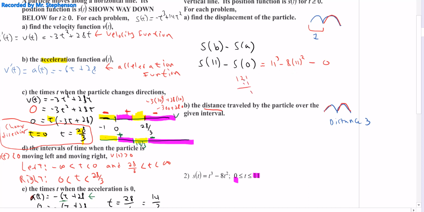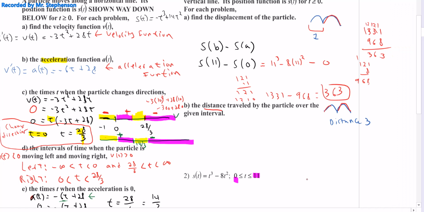You just have to multiply it by 11, and you will get 1331, minus 121 times 8, which is 968, and then you do one more little algorithm and you get 363. So the displacement was 363. Right?